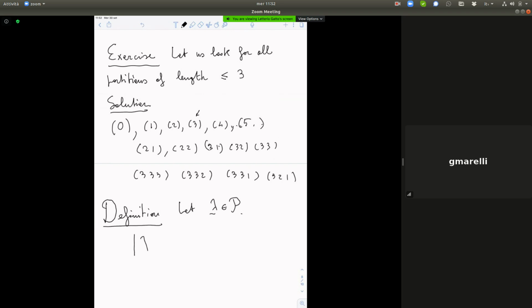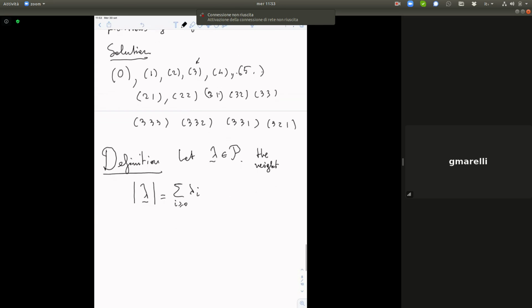The weight of the partition lambda is very easy: it is the sum of the parts. And the sum is bigger or equal to 0. Why? Because from a given point beyond, all the parts are 0. So the weight is the sum of the parts.